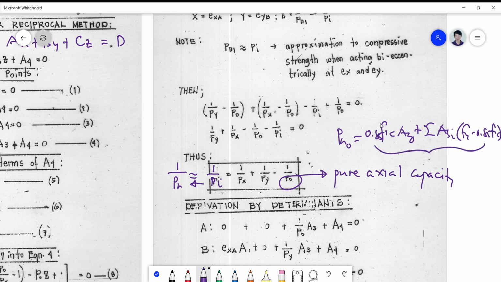Of course, if it is a tied column, you can multiply it by the efficiency factor. And if it is a spiral column, you can simply multiply it. The reduction factor, you don't have to multiply it yet because you can reduce the interaction surface later in terms of its full capacities.